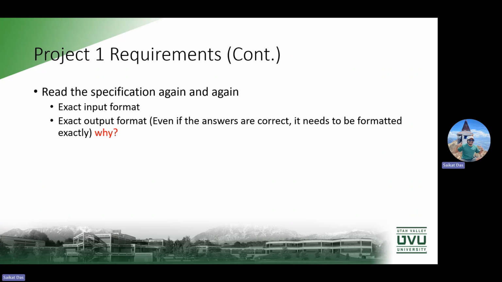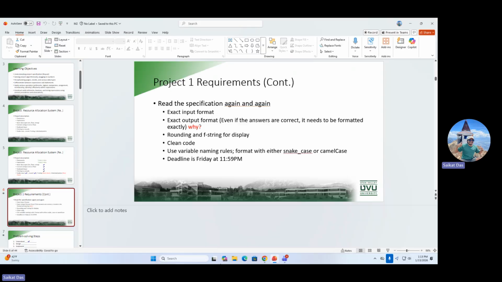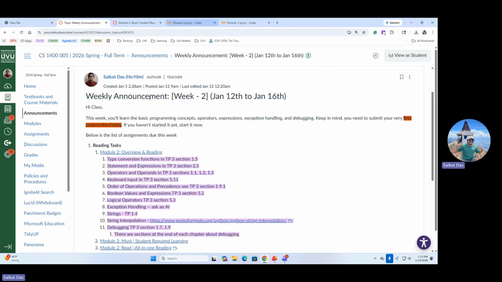So even if you're writing 159, you're not getting the point because you're not following the rubric. The rubric mentioned you need to format the output with 2 decimal points using F string. That is the requirement. If you go to the project description, let me go to the project description.